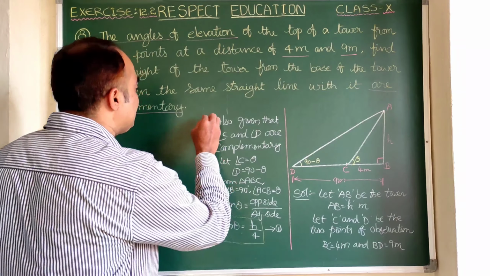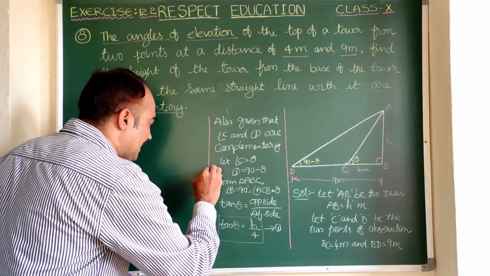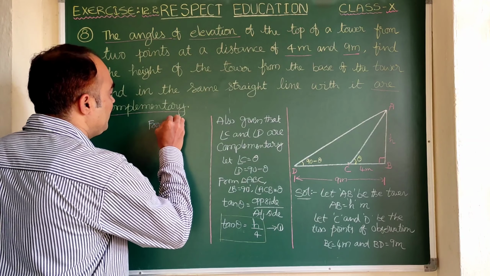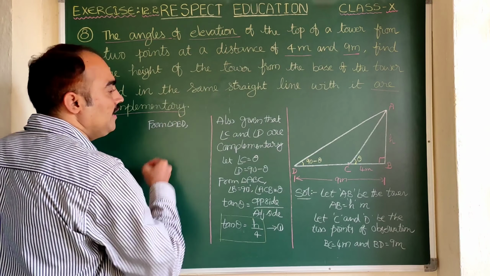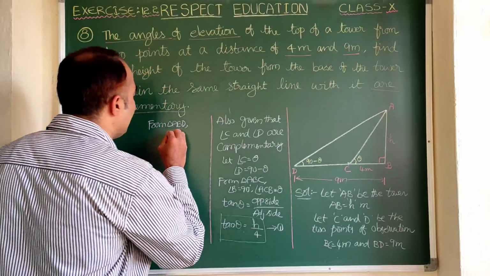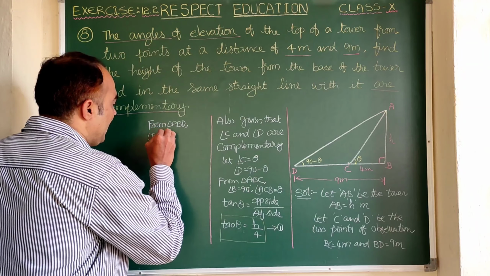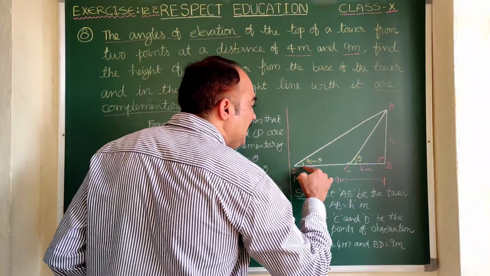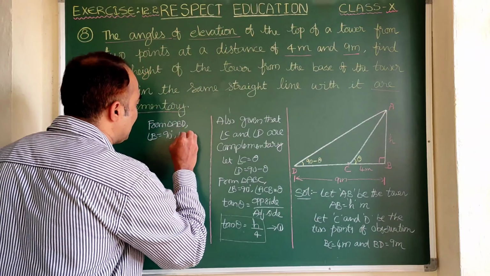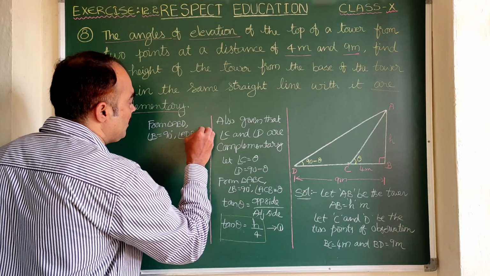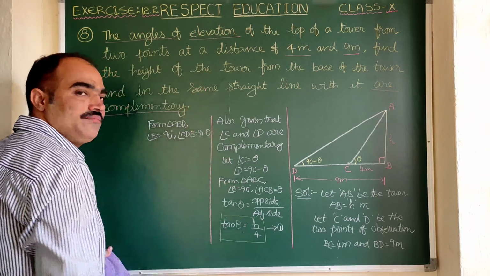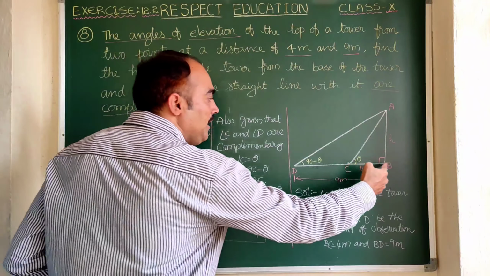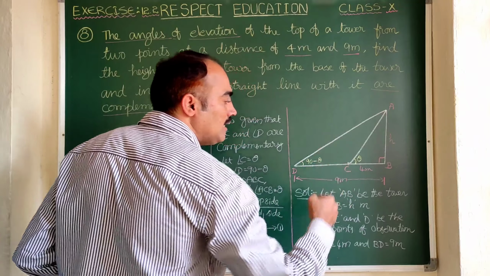Now let us go for the other right angle triangle, that is triangle ABD, in which angle B is equal to 90 degrees and angle D, nothing but angle ADB, is equal to 90 minus theta. Now here AB is the known h and BD, that is the adjacent side, is also known, that is 9.